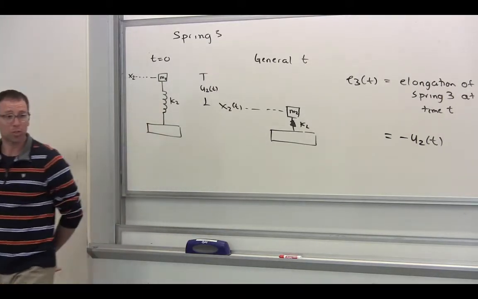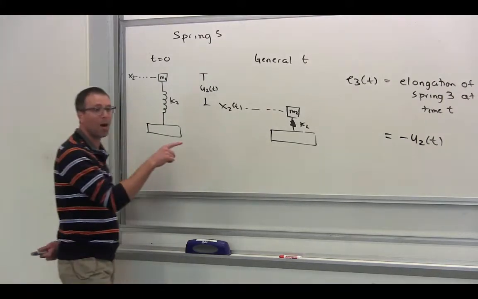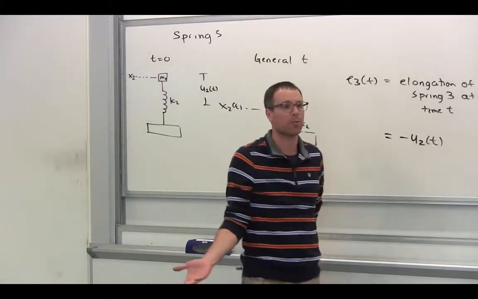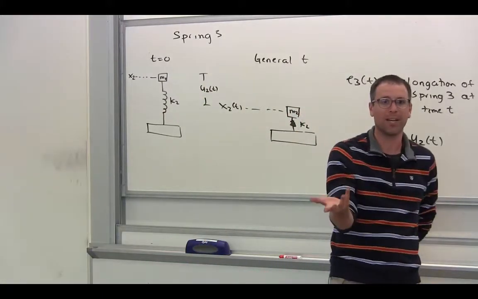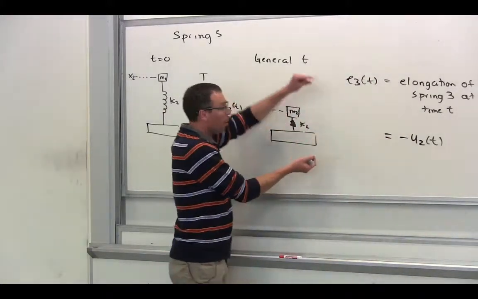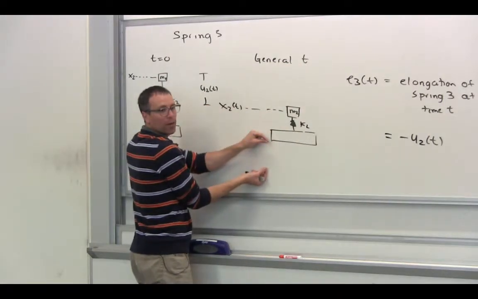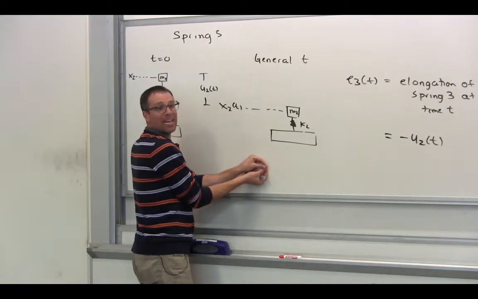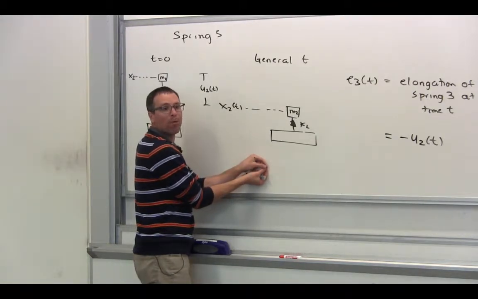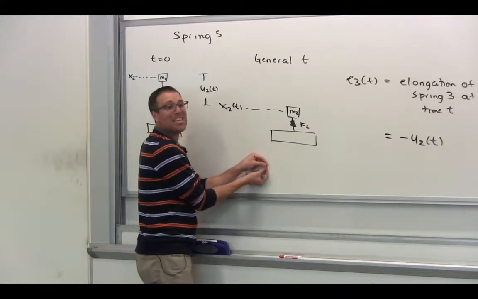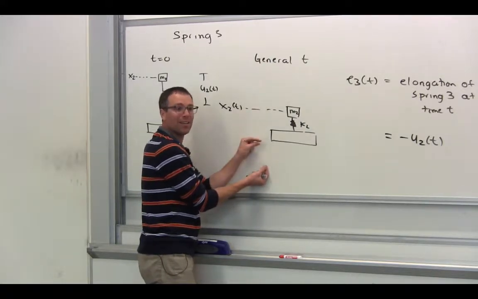U2 is positive, for sure. When U2 is positive, what happens? This is where I need my springs, right? I didn't bring them today. When U2 is positive, think about what that means. What does it mean for U2 to be positive? It means the mass went down. What happened to the spring at the bottom? It negatively elongated. In other words, it compressed. And how much did it compress by? The exact amount that the mass displaced.